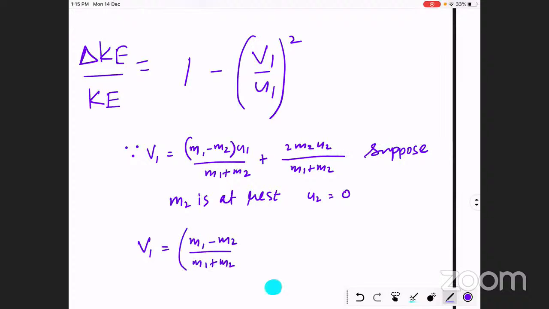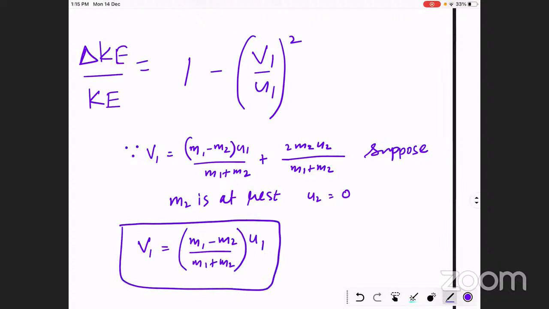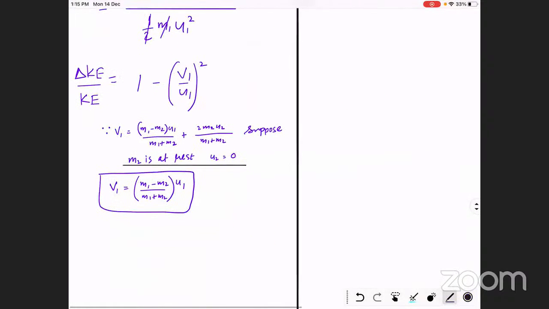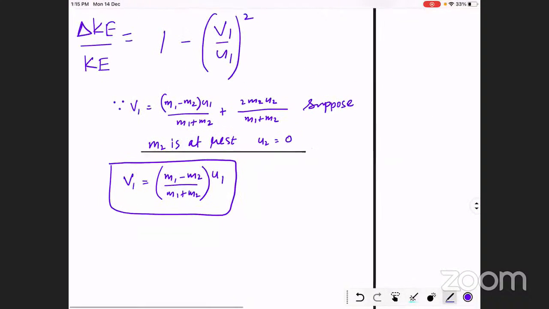It's a famous formula for nuclear reaction. Do you understand that? Sir, please continue. But it is true only when m2 is at rest. Okay. Now let's substitute the value of v1, bacho. Let's see what we'll get.